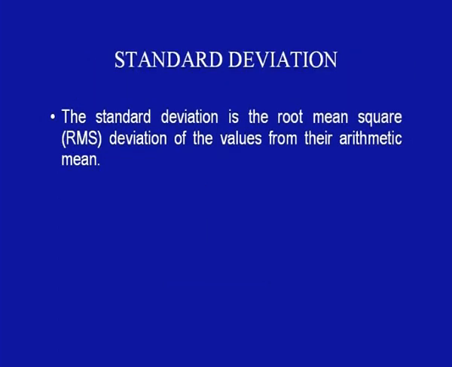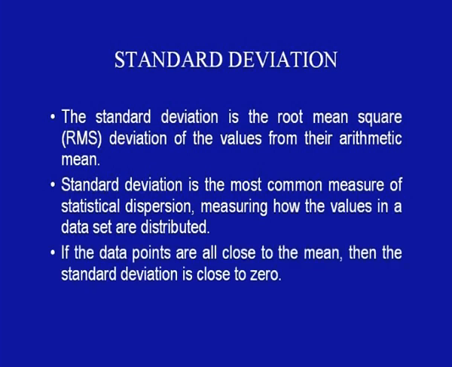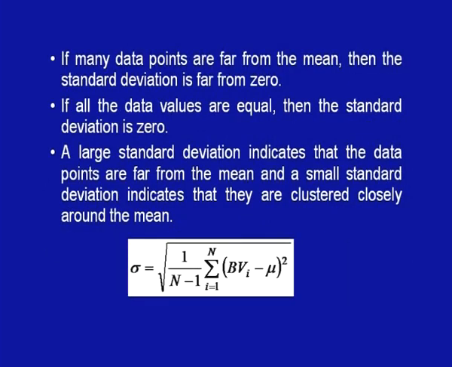Next is standard deviation. Standard deviation is the root mean square deviation of the values from their arithmetic mean. Standard deviation is the most common measure of statistical dispersion, measuring how the values in a data set are distributed. If the data set points are all close to the mean, then the standard deviation is close to 0. If many data points are far from the mean, then the standard deviation is far from 0.